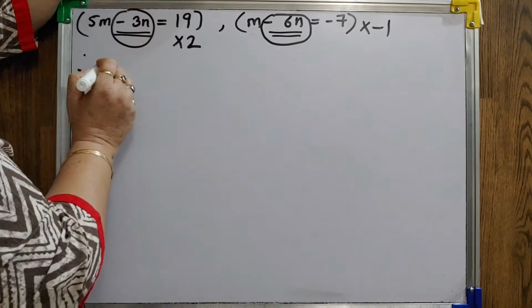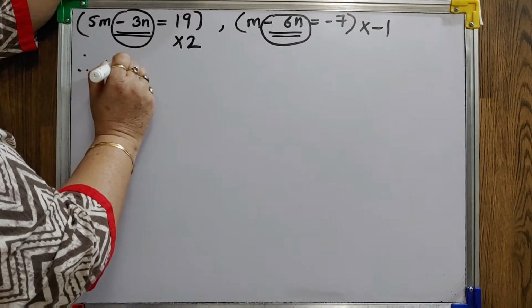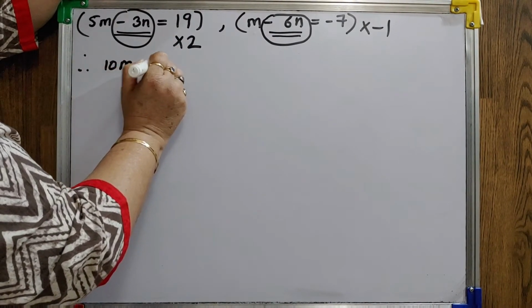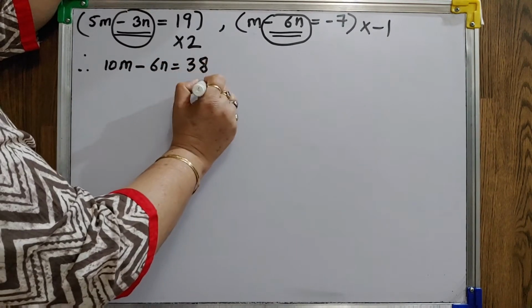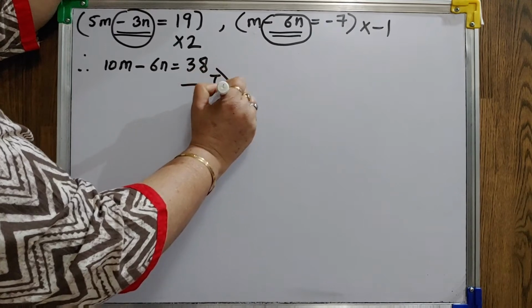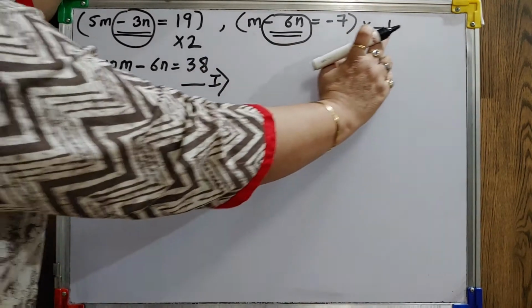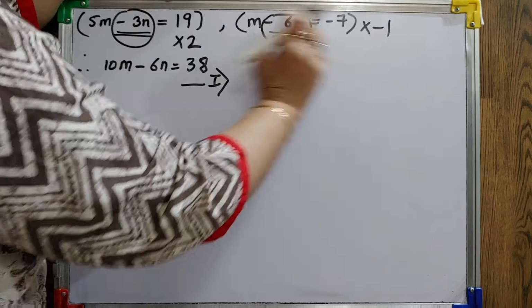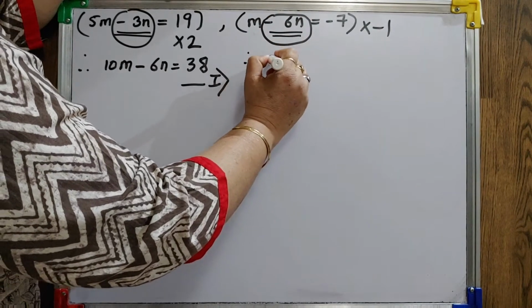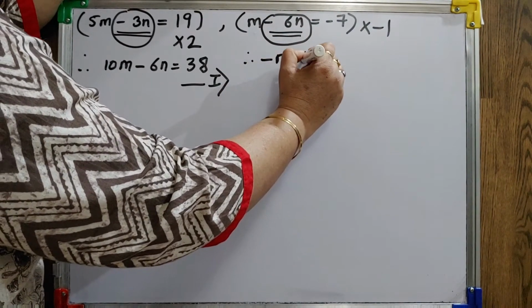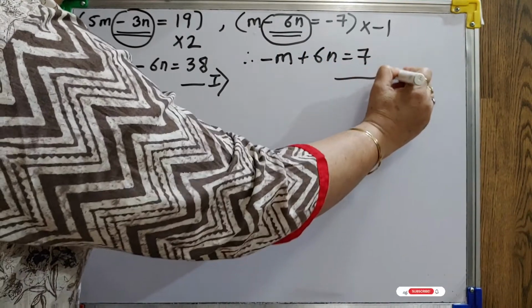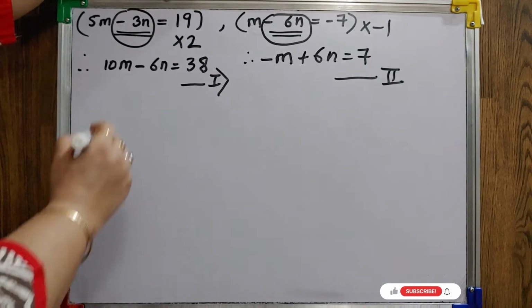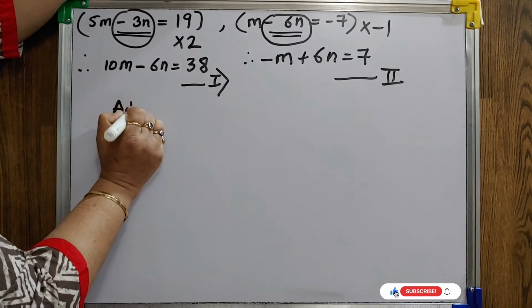Now if I am solving in this way, I'll get 10m minus 6n equals 38. I'll consider this equation as my first equation. When I multiply with -1, the sign will change. So I will get -m plus 6n equal to 7. This is my second equation. Now add both the equations.